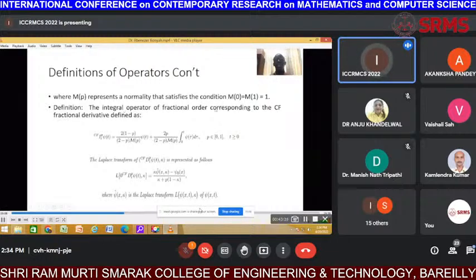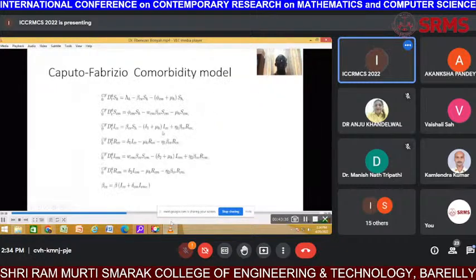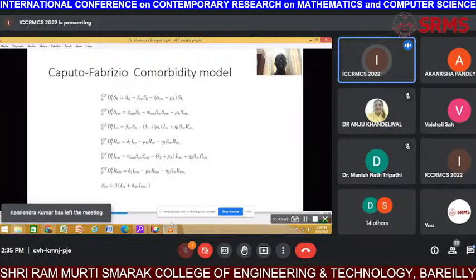The integral operator corresponds to the CF fractional derivative for lambda modified and also implicit changes the definition. So based on that, a comorbidity model proposed by myself was reformulated, in other words, using the operator to examine this model.